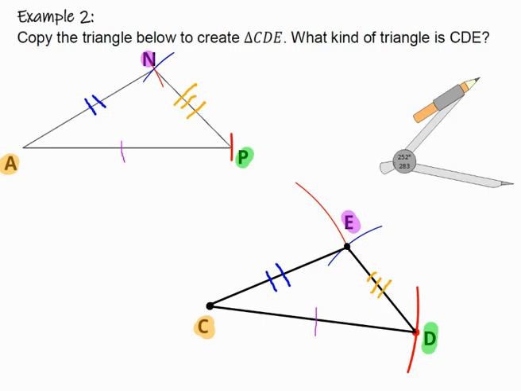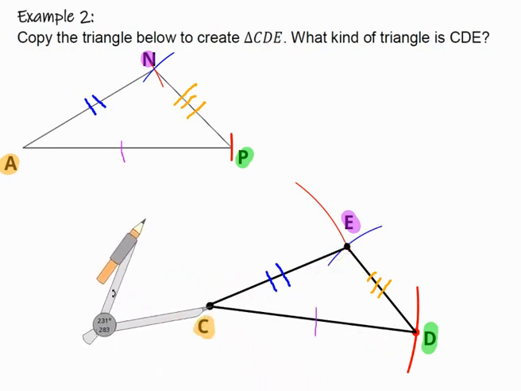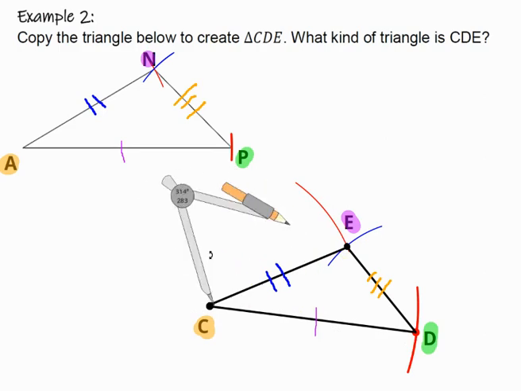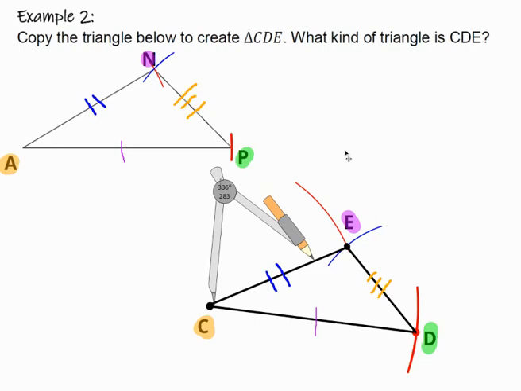Now I can use my compass to measure. If I take a measurement with my compass of ED, and then I go to CE over here, are they the same measure? They're not, right? CE is definitely longer than ED, and I can do that all the way around. So what that means is that none of these sides are the same.